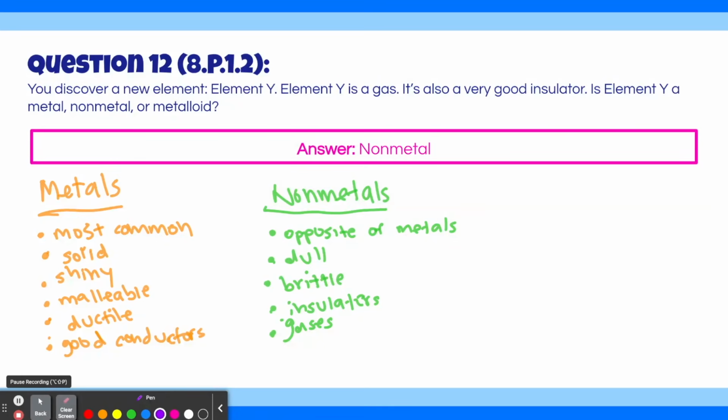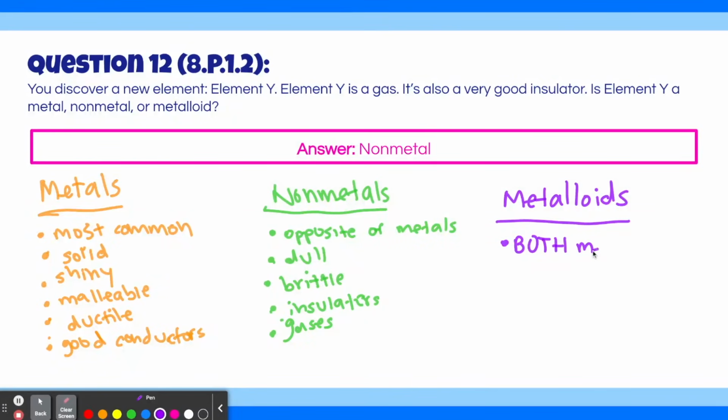The last category is metalloids. Metalloids have properties of both metals and nonmetals, which is what makes them so special. They are the rarest of these three, so there are fewer metalloids than metals and nonmetals.